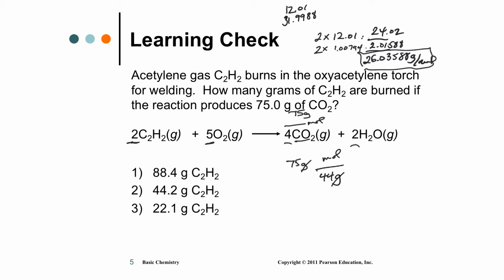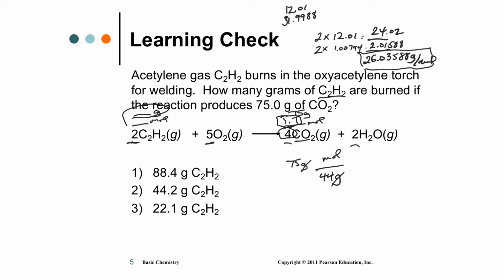I'm going to cancel the grams, so I'm going to divide, and I'll say that this is 1.7 moles. Now that I'm in moles, I've got numbers, and I can take this number and make a ratio out of it. I'm asked to find how many grams of C2H2. I have to go to moles first, then I go to grams, and then this is my answer.